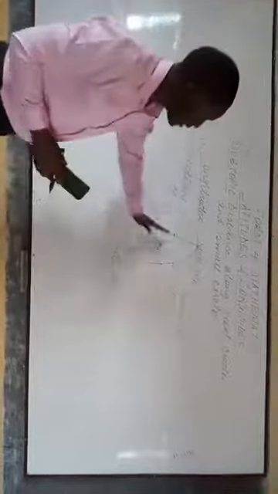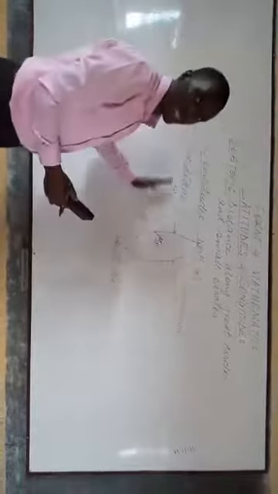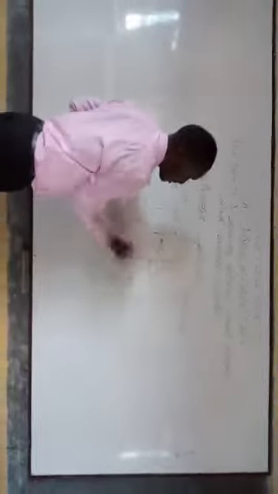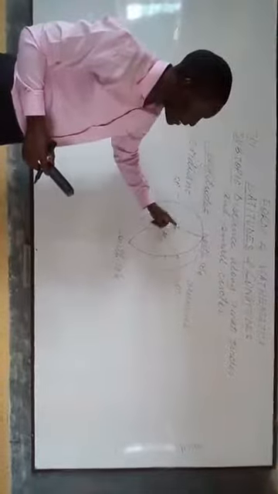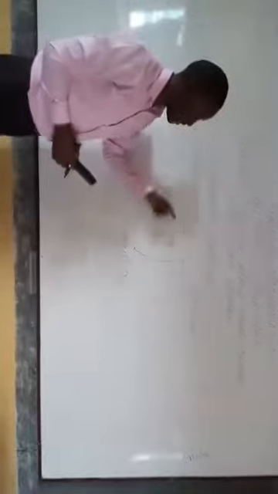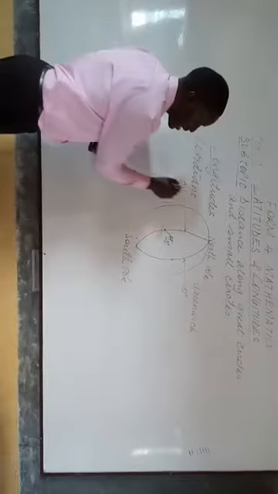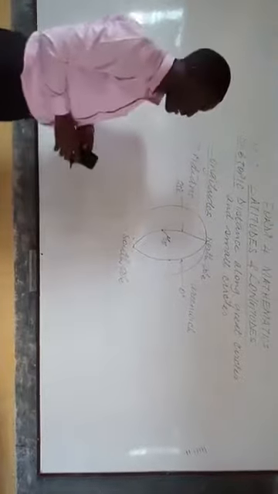And you're going to take this side of the Greenwich meridian to be our east and this other side to be our west. Because this meridian falls on the eastern side of the Greenwich meridian, we are going to say that it is 20 degrees east.